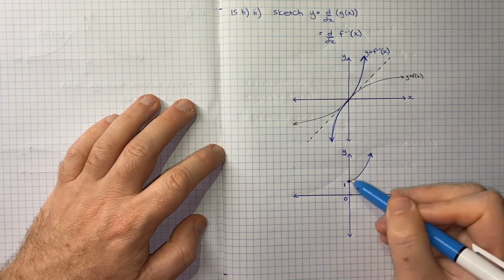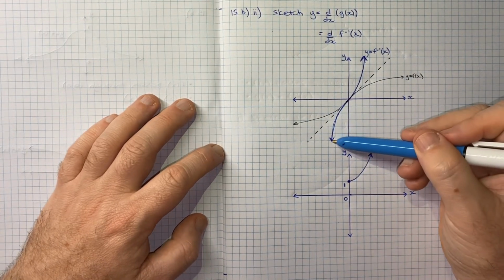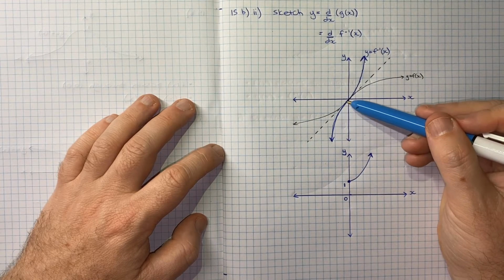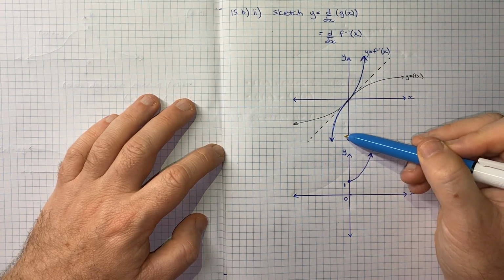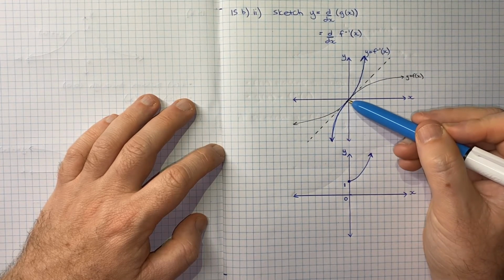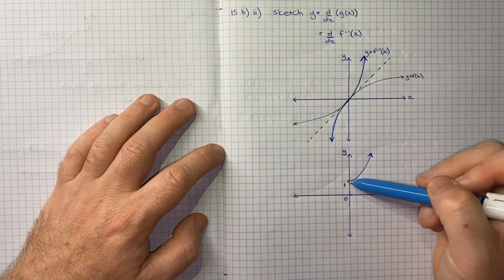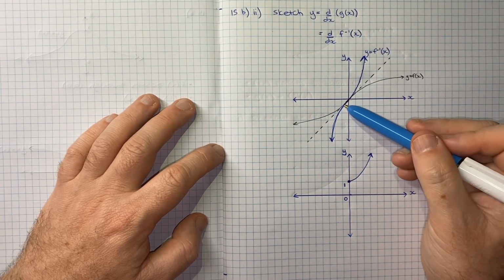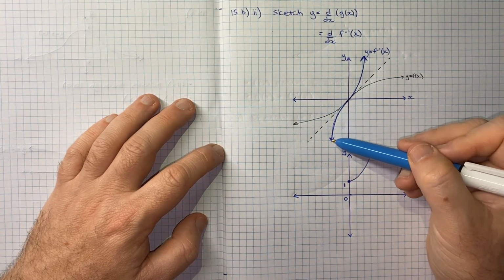Now if we think about negative values of x, notice that it's still a positive gradient, because as x gets bigger, the y values get bigger for this inverse function. And again, as we're close to 0, the gradient is very close to 1, but as we get further and further away from 0 in the other direction, the gradient gets steeper and steeper.